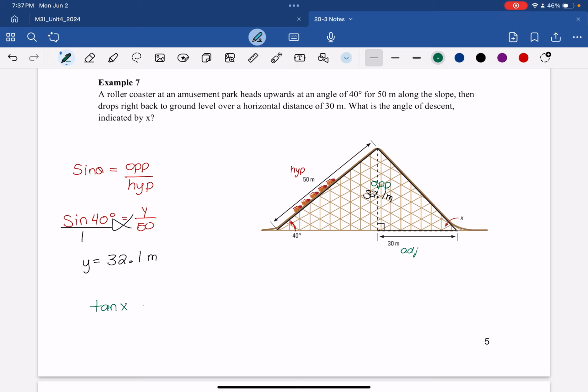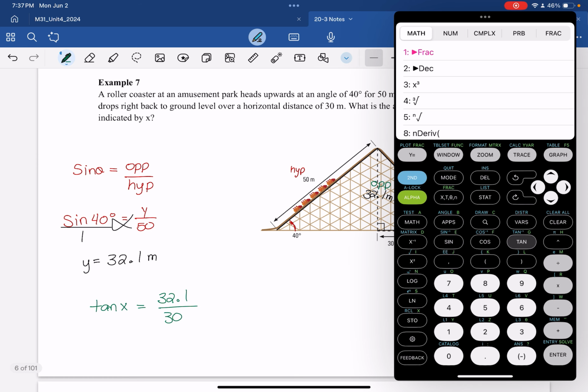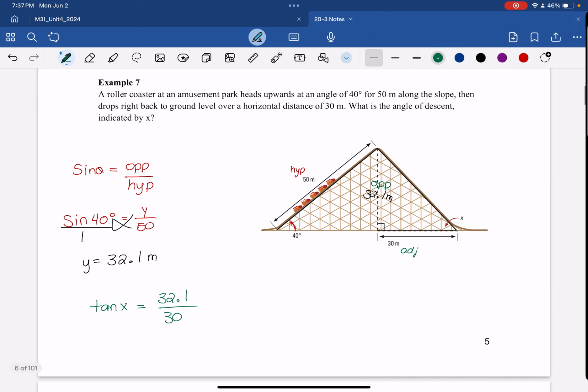And in this case, they've said that the angle is called x. So opposite is 32.1, my adjacent is 30. And now whenever I'm looking for an angle, I have to use inverse, or second tan, which is going to be 32.1 divided by 30. So the angle is going to be, we'll round it to the nearest whole, 47 degrees. So x equals 47 degrees.